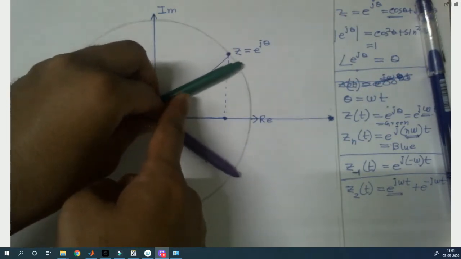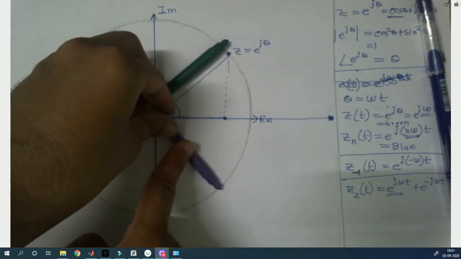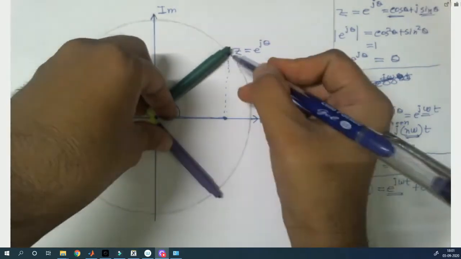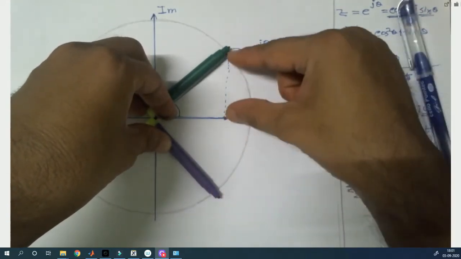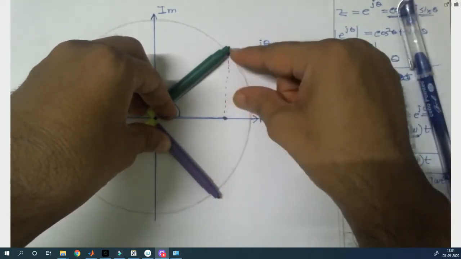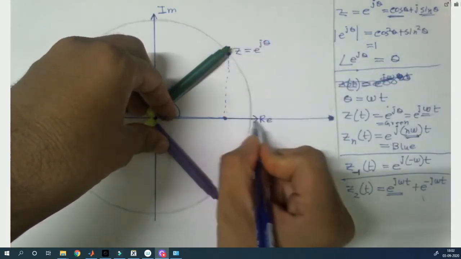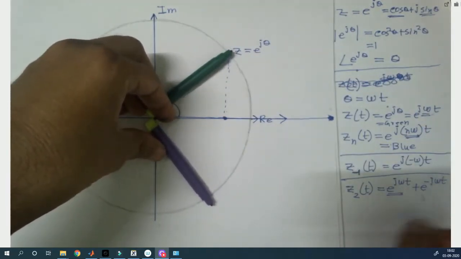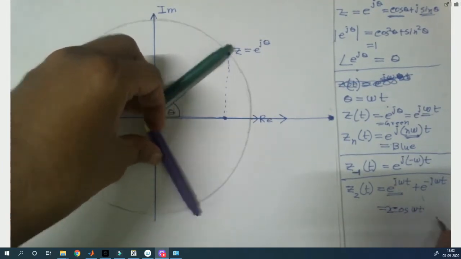The green pen is e to the power j omega t, the blue pen is e to the power minus j omega t. But at any point of time, if you add these two vectors, then their imaginary parts are equal and opposite, they will cancel and the sum will always be a real number. That is evident because you can also write this as 2 times cosine omega t.